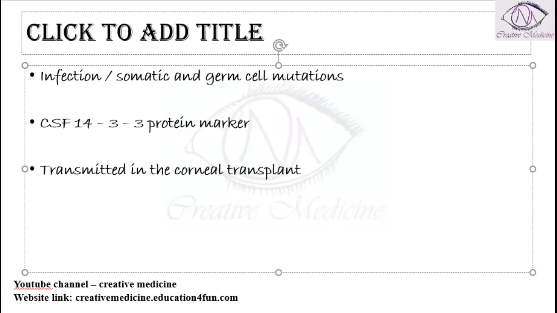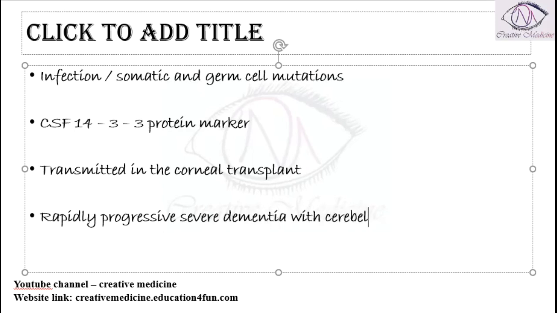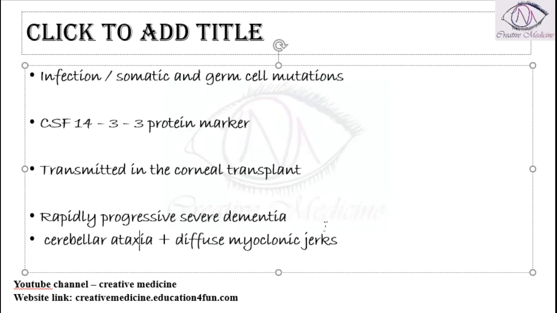Here the patient with Creutzfeldt-Jakob disease will develop rapidly progressive severe dementia along with cerebellar ataxia, and diffuse myoclonic jerks are also seen. Okay, the patient will develop dementia, cerebellar ataxia, and myoclonic jerks, which is important.